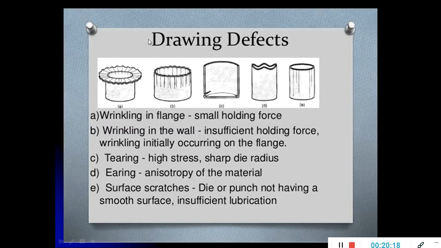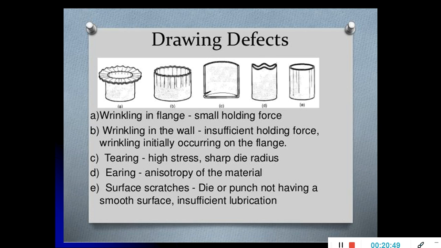Now the last bit of this drawing process is known as the drawing defects. As I told you, surface defects are nil in the drawn products, but there are some defects which occur during the drawing operation. The very first one is known as wrinkling in the flange. Due to a small amount of holding force, whenever your product is going to be drawn, a sufficient amount of force is required.